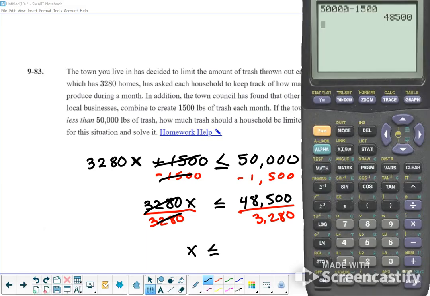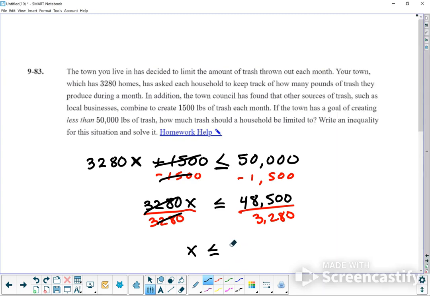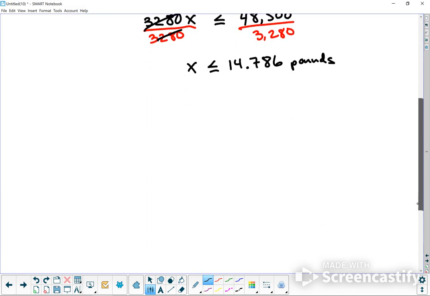So we have 48,500, and we're going to divide that by 3,280. That's going to get us 14.786 pounds. If you want, you can round it to more numbers or fewer numbers, but each household has to produce less than that.